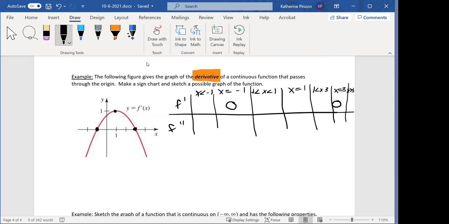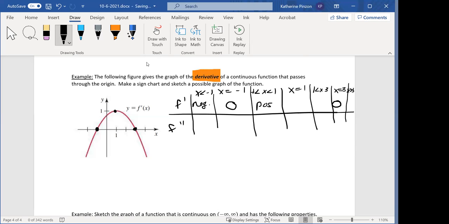Okay, before -1, is the first derivative a positive number or a negative number? Negative, because it's below the x-axis. Okay. Between -1 and 1 here, is the first derivative a positive number or a negative number? Positive, because it's above the x-axis.